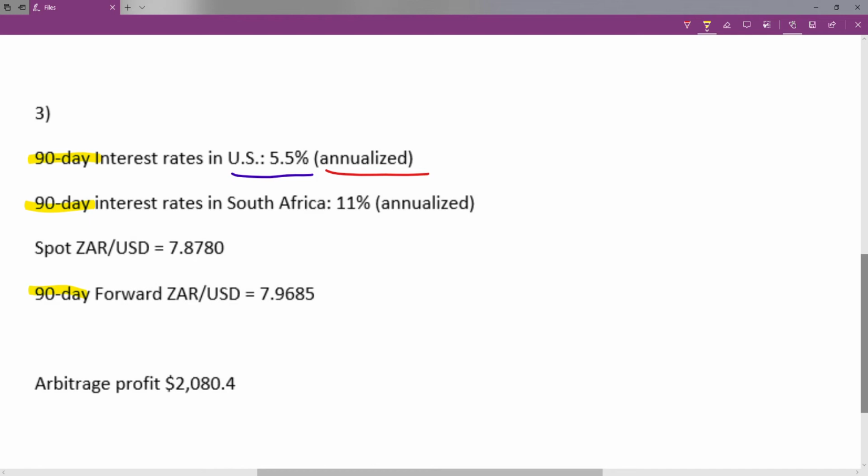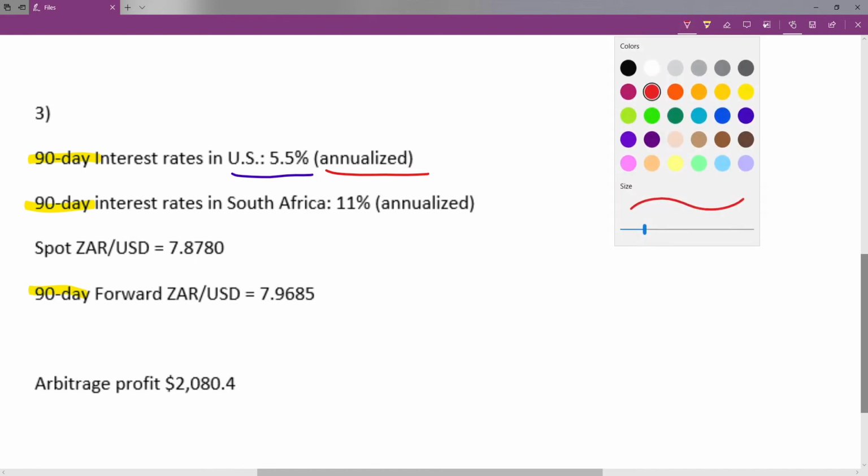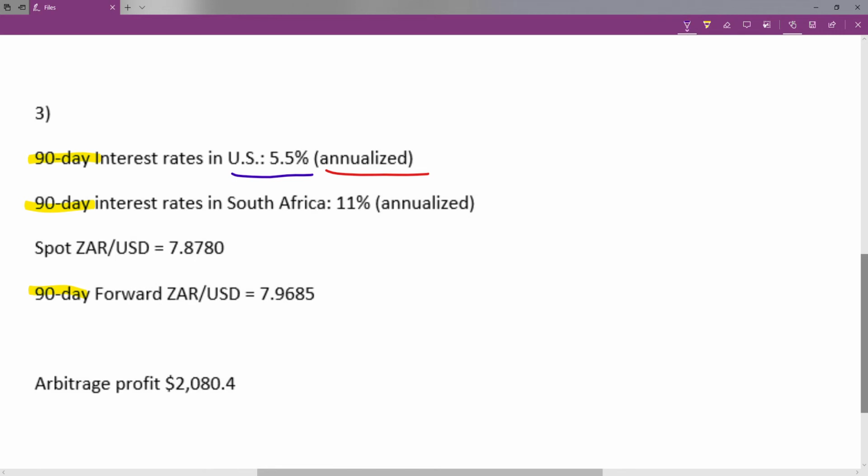So what we're going to do is take our 5.5 and divide it by 4. 5.5 divided by 4 gives us 1.375. We're dividing it by 4 because there are 4 quarters in a year, and there's only 90 days per quarter.